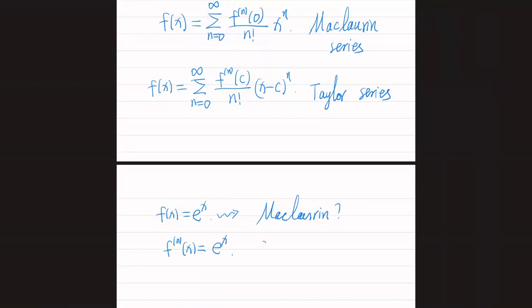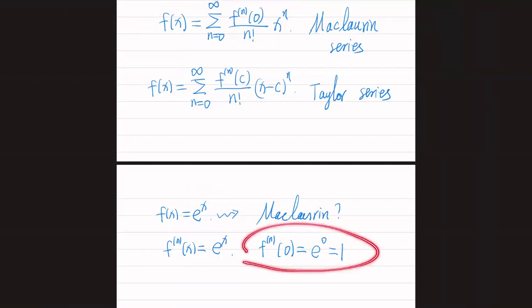Okay, if we evaluate at 0, what do you get? I get 1. So e to the 0 is 1. Now I'm going to apply this formula to this case.